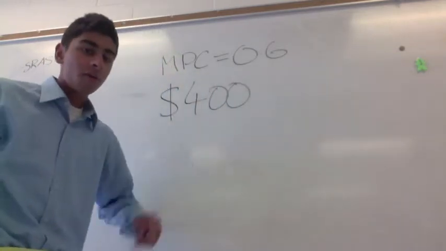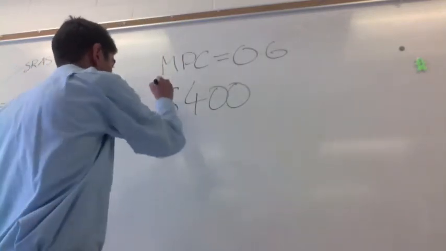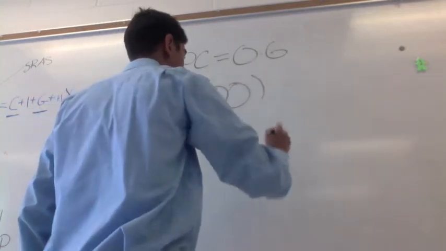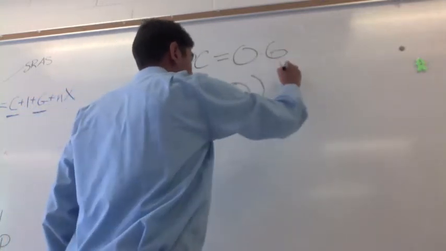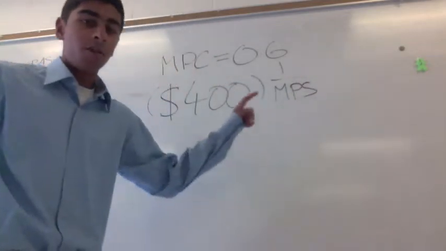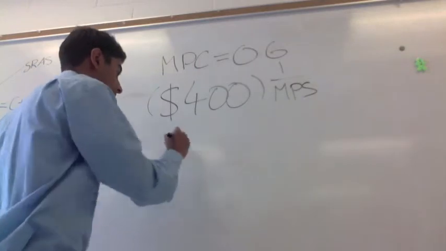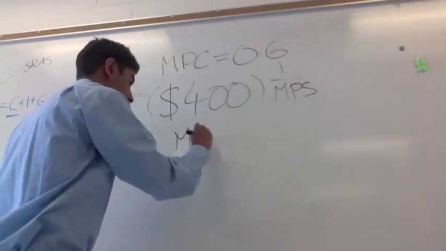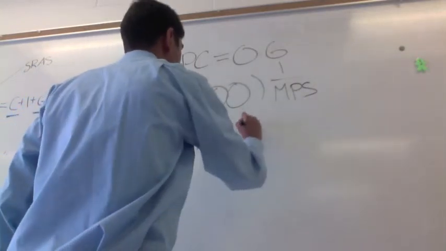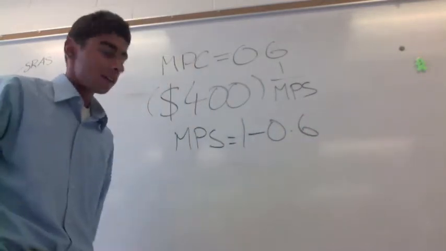Now, we know that our formula for the spending multiplier is this multiplied by 1 over MPS. And we know that MPS plus MPC is equal to 1. So MPS is equal to 1 minus 0.6.